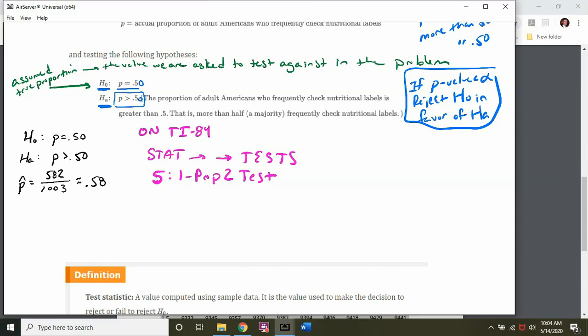So if you bring that up, what you'll see is the following. You're going to see p0. That is our H0 p-value. Then you're going to see x and n, similar to what you saw with the confidence intervals. So x is the number out of the sample that exhibit a characteristic, n is the sample size.